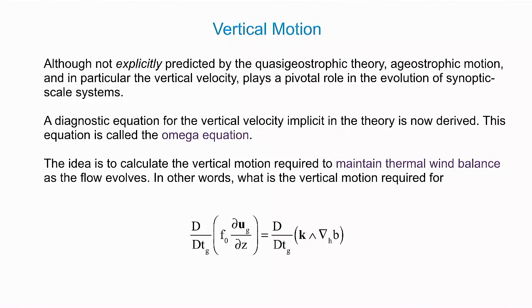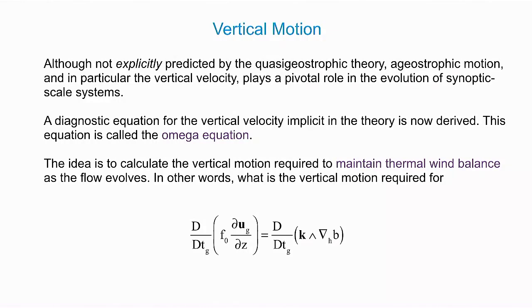It's called the omega equation because this is usually done in pressure coordinates, and vertical motion in pressure coordinates is omega. But I'm going to do it in height coordinates, as many people do, and still call it the omega equation because it's a bit more recognisable than the w equation. And what we're going to do is write an equation for the rate of change of the thermal wind.